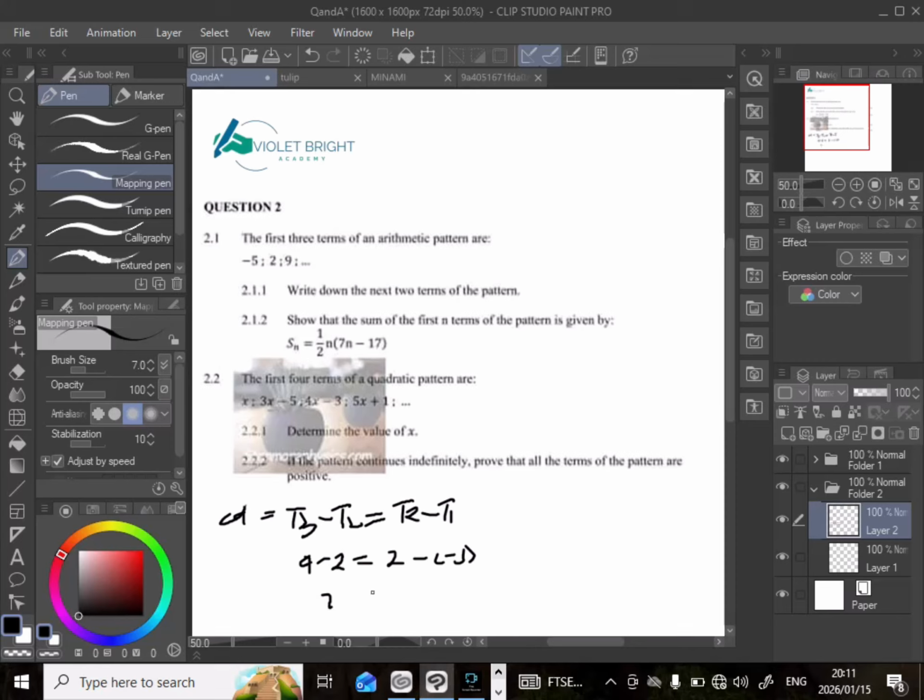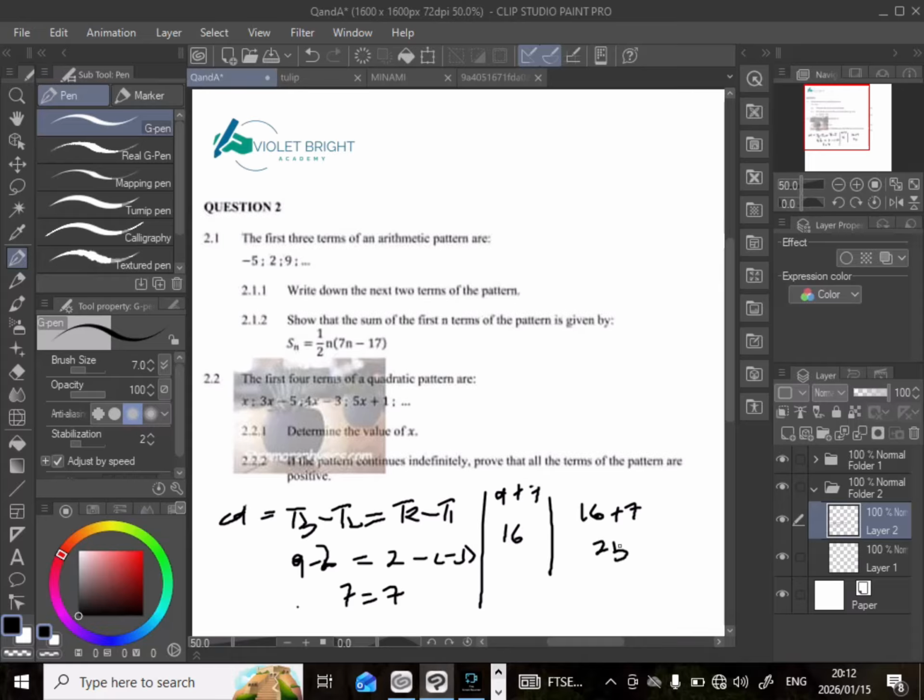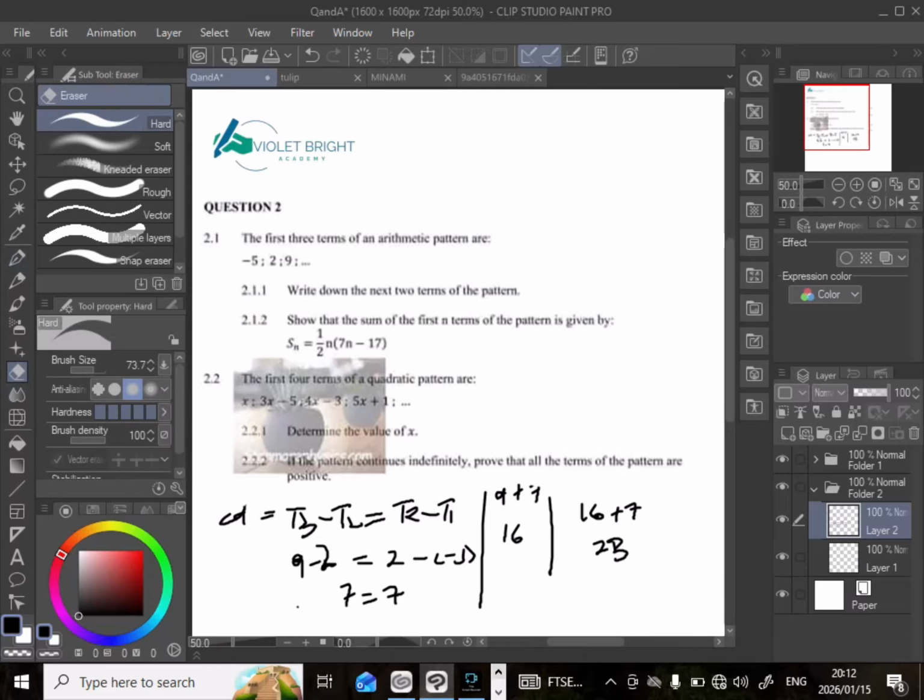So it's 7 equals 7. Now if we know that the numbers increase by 7, we go from 9, add 7, it's going to be 16, then we add 7 again, it's going to be 23. So we know that the next two terms in this pattern will be 16 and 23.